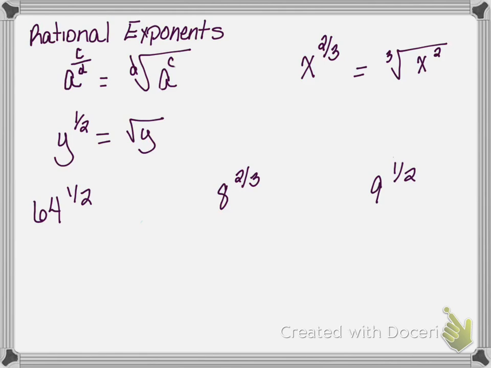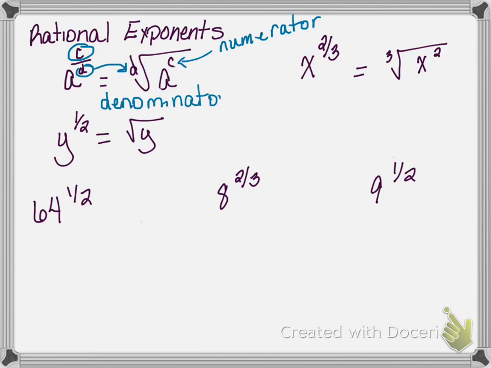You translate that so the numerator goes inside the radical, and then your denominator is the index of your radical sign. That is how rational exponents work.